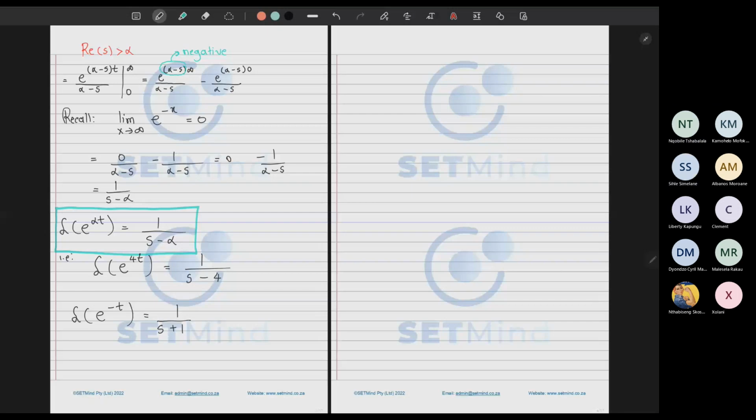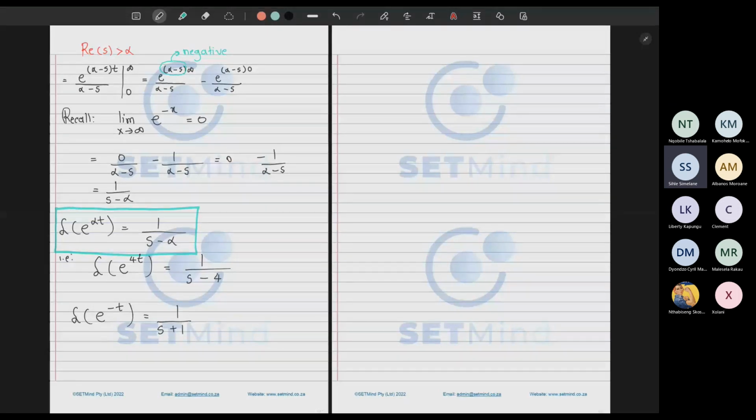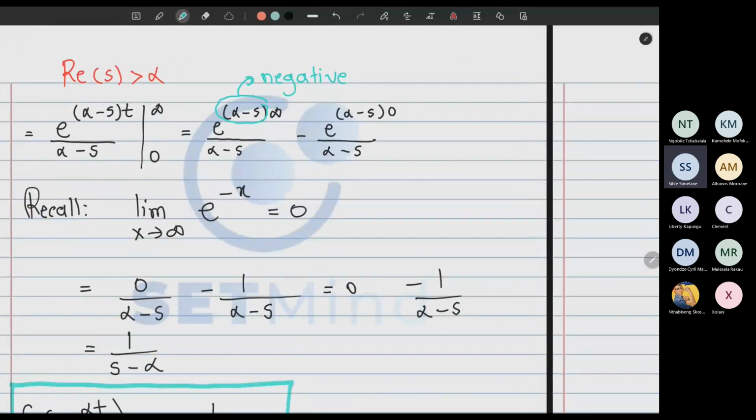Yes, so here's what's happening. We are looking at improper integrals, and what we are trying to do at the end of the day is to find a value when integrating. So if this is not the case, then if this becomes positive, let's say it just becomes e to the something which is positive, and then you put infinity.